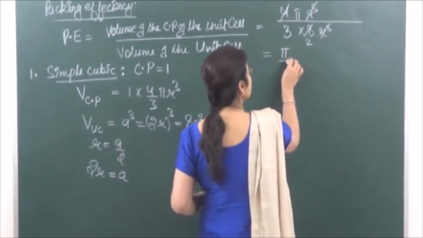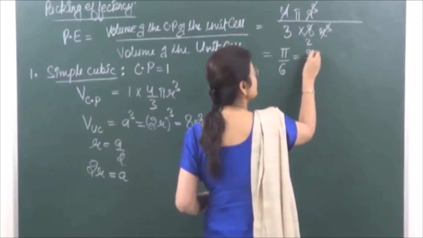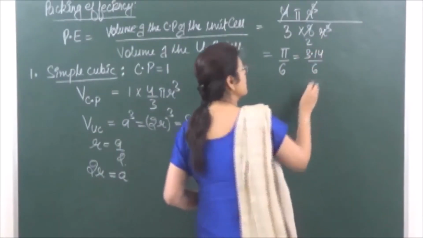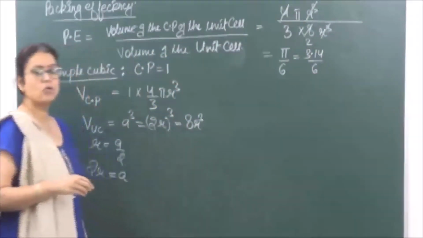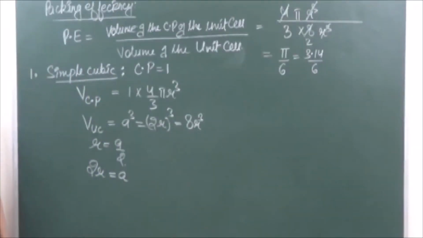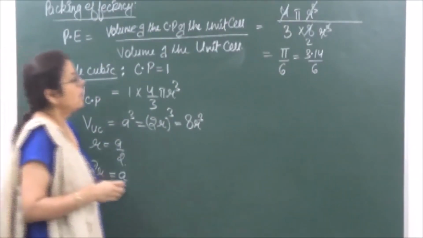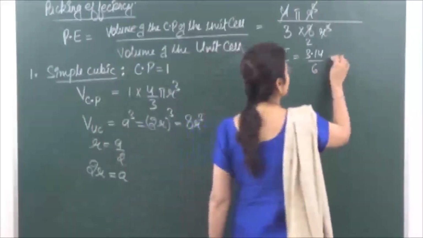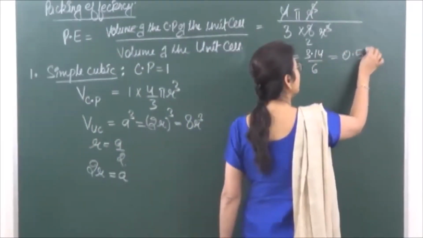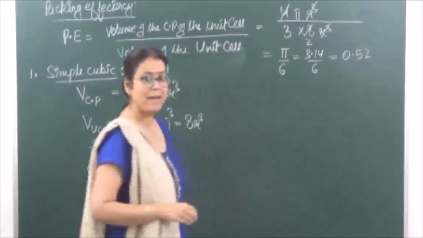So the fraction is coming as pi/6, which is equal to 3.14 divided by 6, and calculating this we get 0.52. This is the packing fraction.